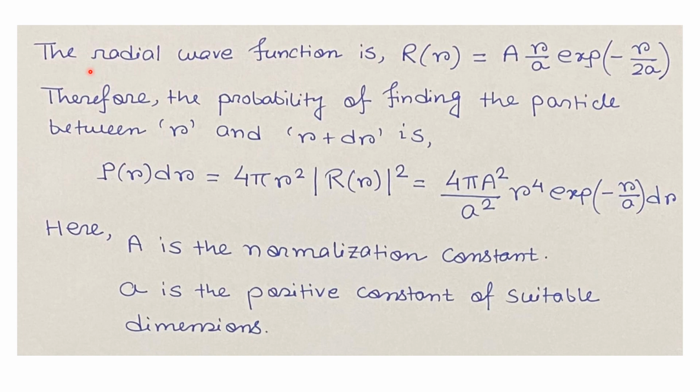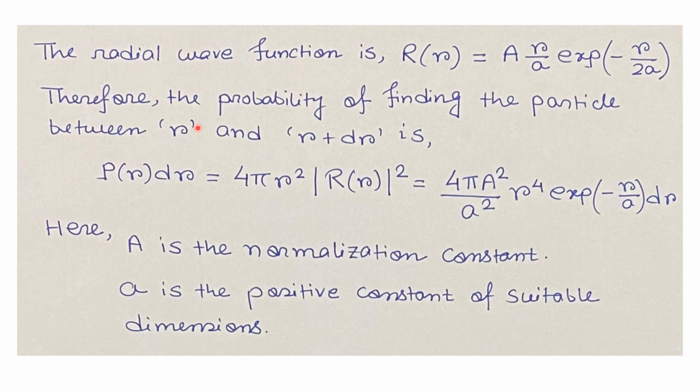According to the question, the radial wave function is given by R as a function of position small r equals A times r divided by a times exponential of minus r by 2a.